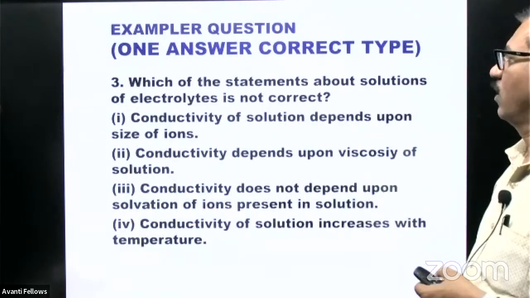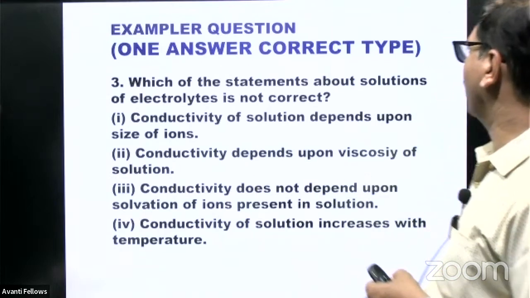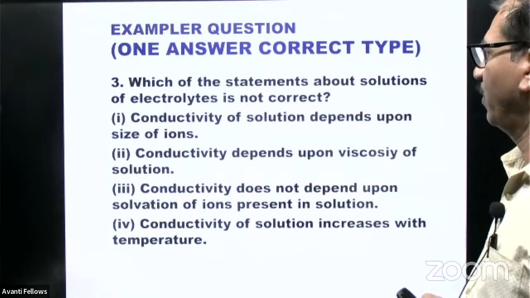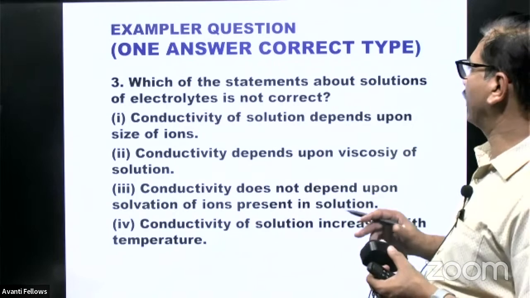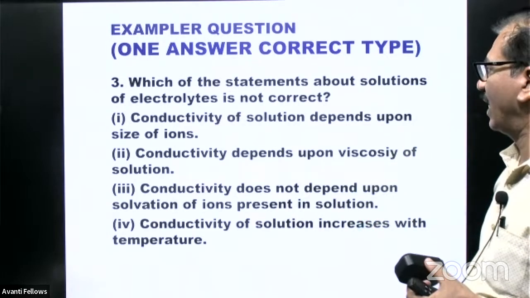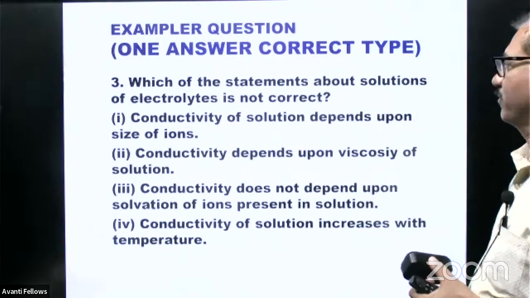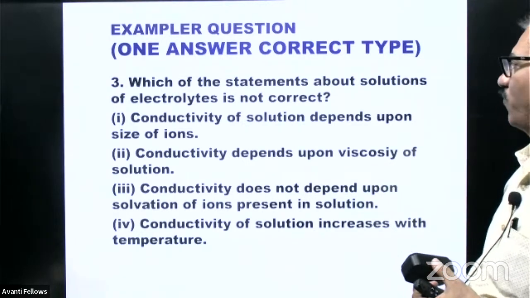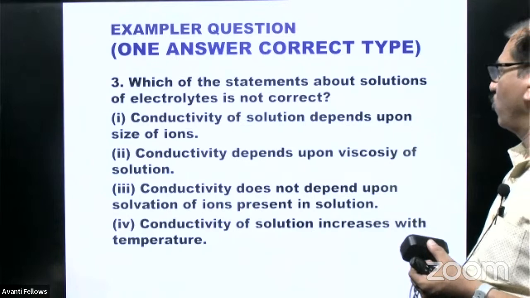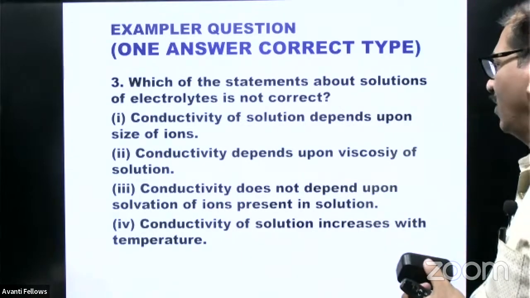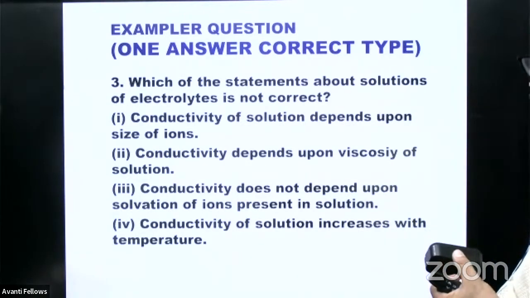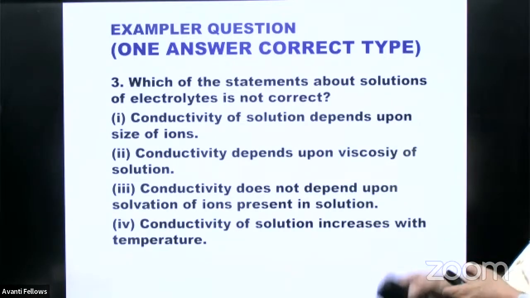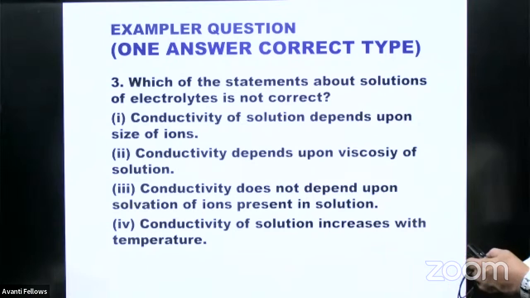Right. Exemplar question, one answer correct type. Which of the following statements about the solution of electrolyte is not correct? Conductivity of solution depends upon the size of ions. Conductivity depends upon the viscosity of the solution. Conductivity does not depend upon the solvation of ions present in the solution.